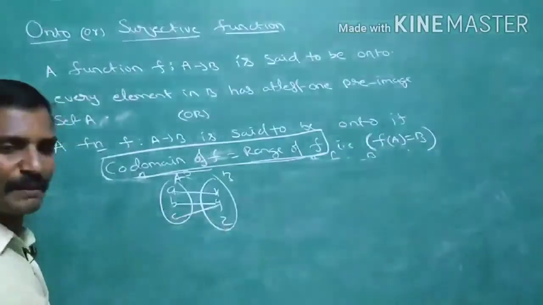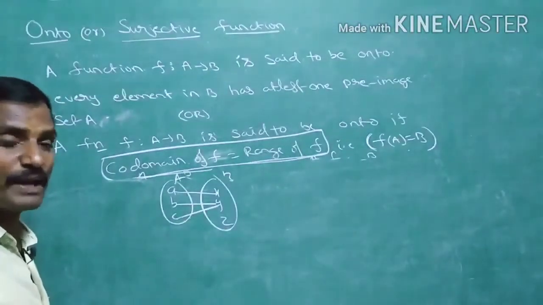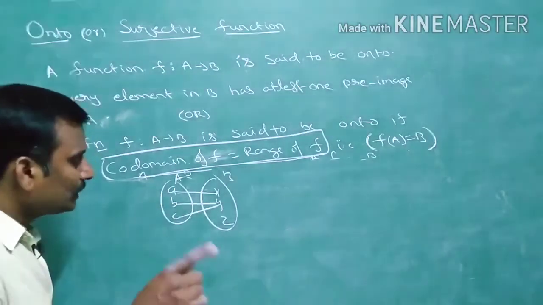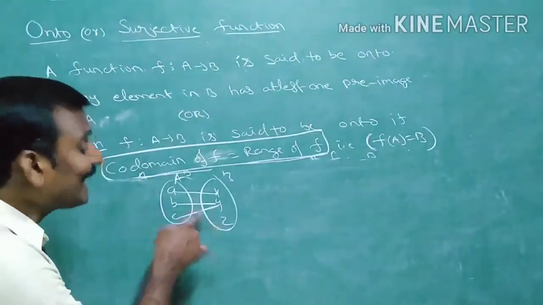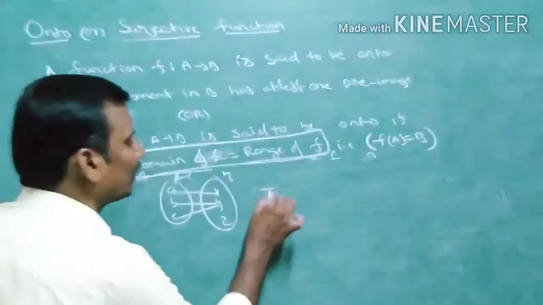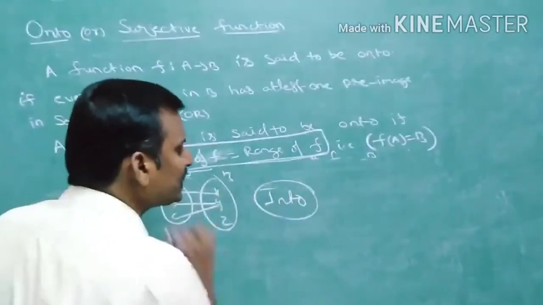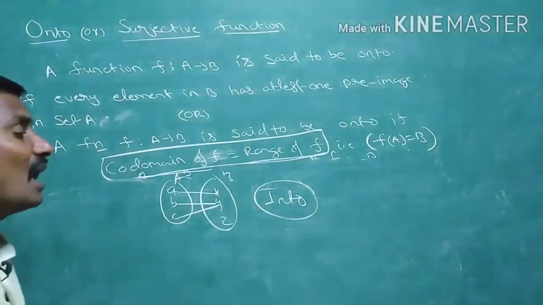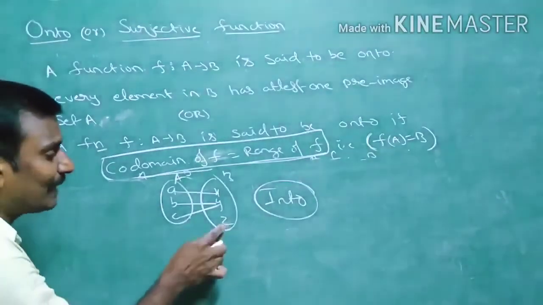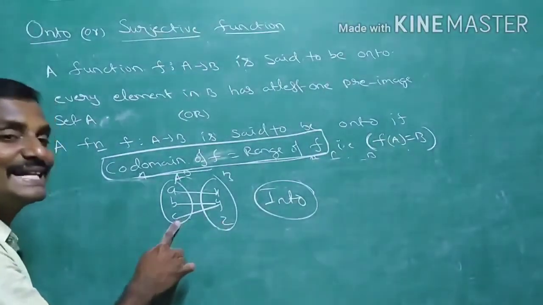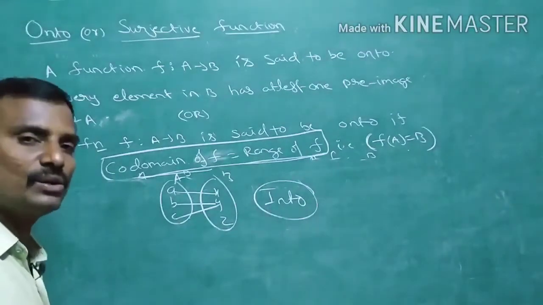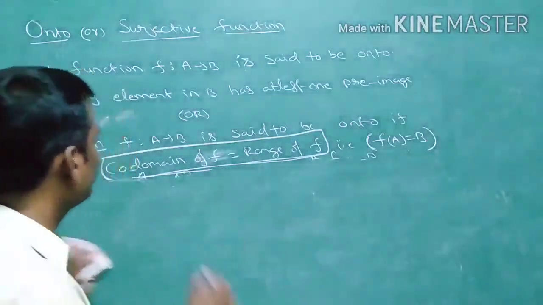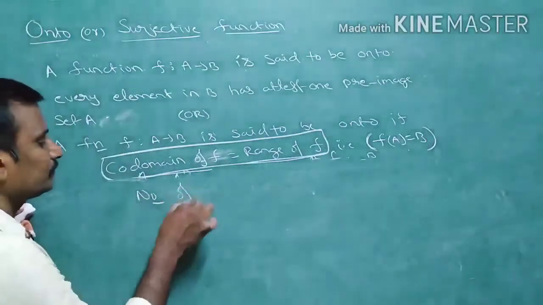Z has no pre-image. It is not onto function. So then it is into function. A function which is not onto is called into function. At least one element in set B has no pre-image in set A, that is also into function. The number of into functions is equal to number of into functions.